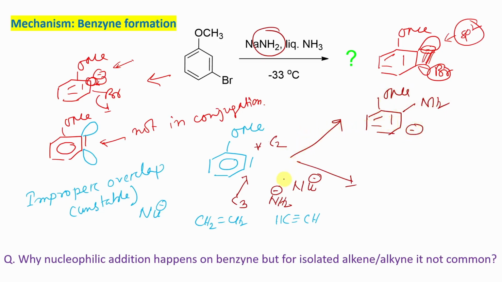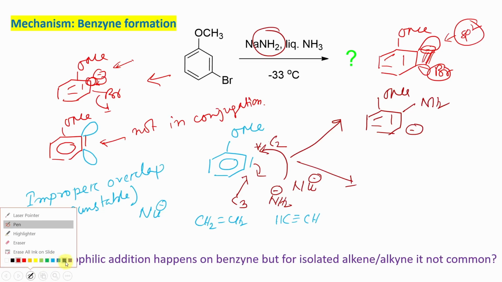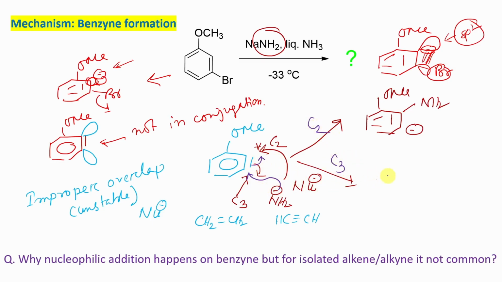Because the nucleophile will attack, it will be opened up. One option. Now second, there could be another option. This NH2 can attack here and it can open up. I mean attack on C3. So it will produce a negative charge in between here, and obviously OMe and here NH2.